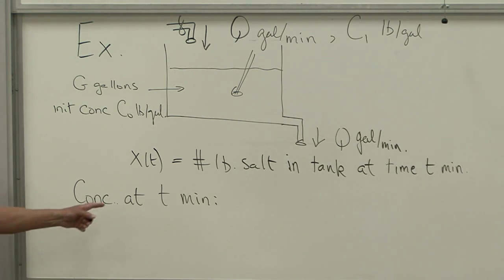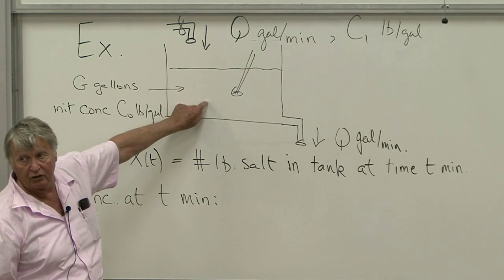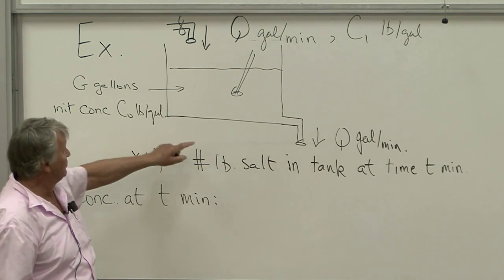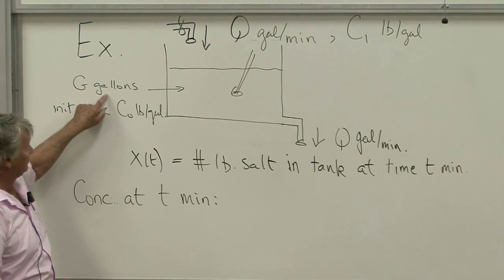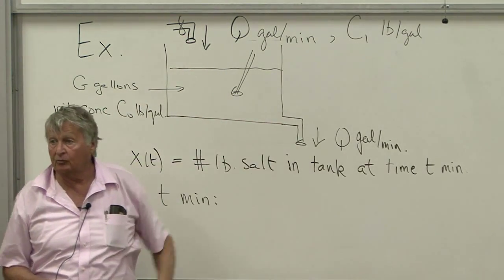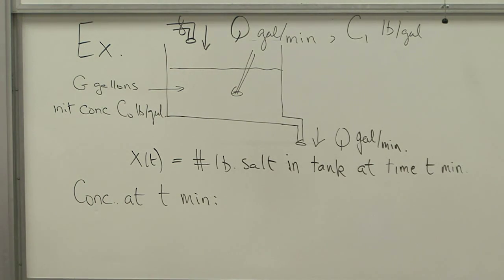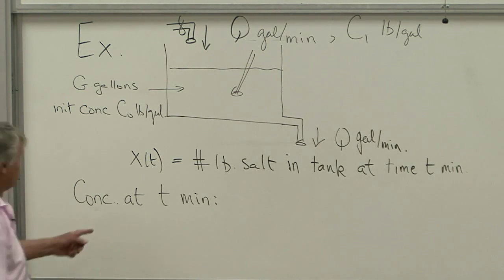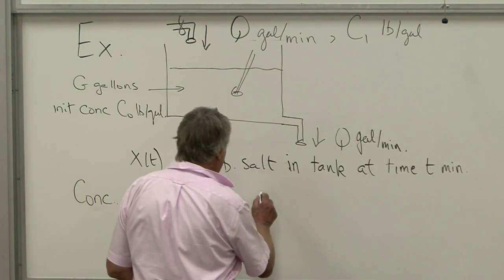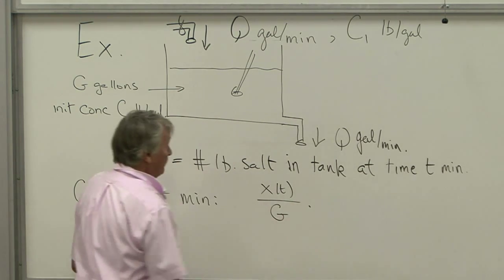So the volume at time t would be the initial volume, G, plus the extra in minus what comes out. But in this case, we're pumping things in and out at the same rate, both Q. So the concentration at time t will be just x of t over G.